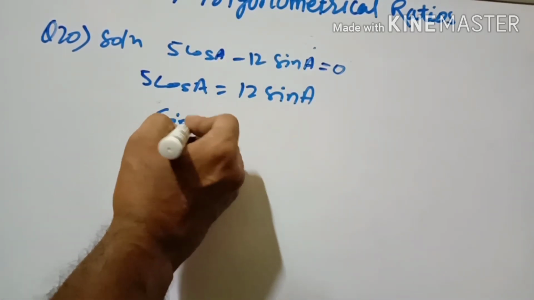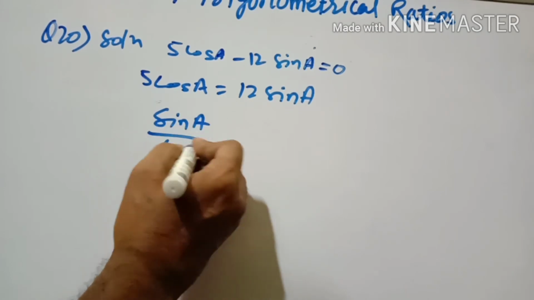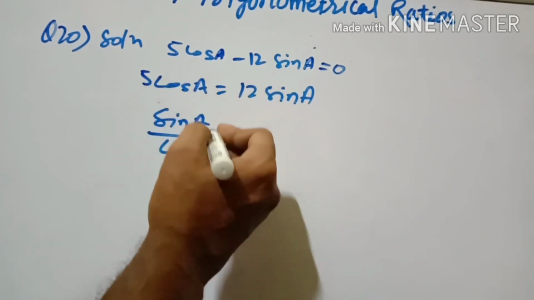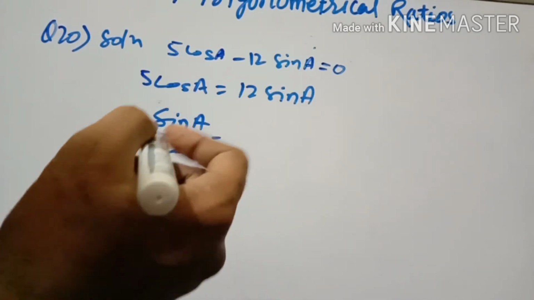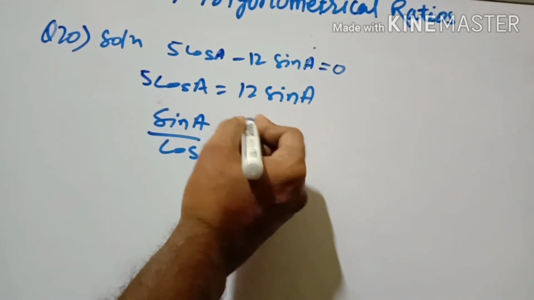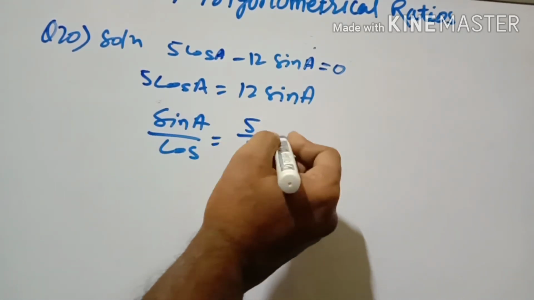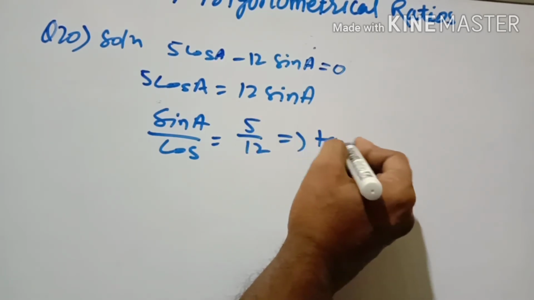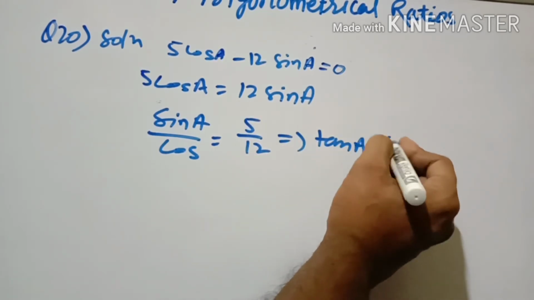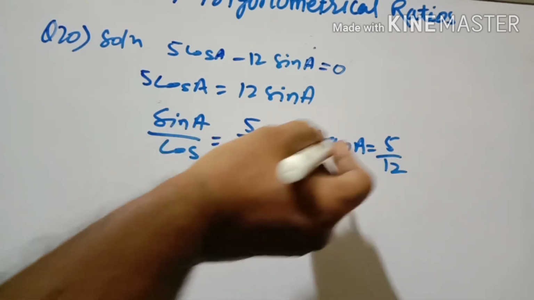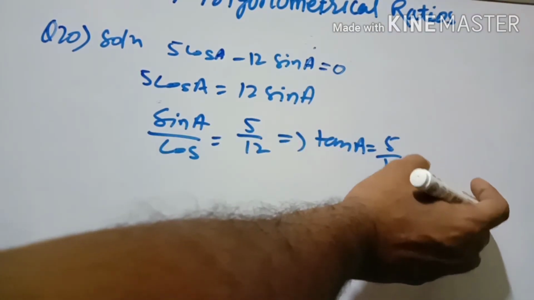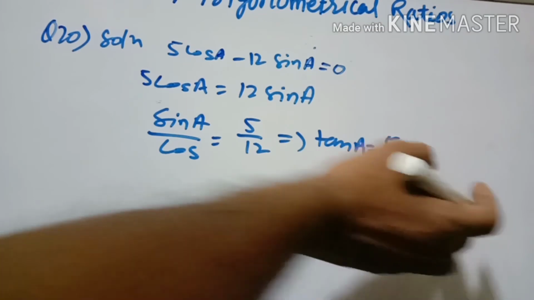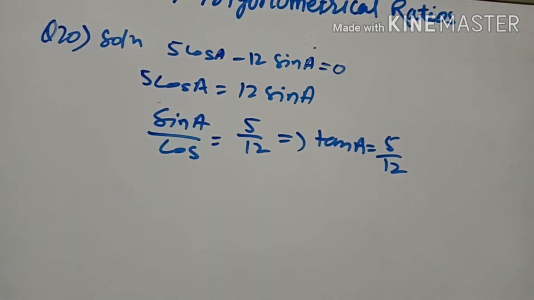So sin A by cos A, I can write 5 by 12. This implies that sin by cos, as we know, is tan A, and this is 5 by 12. Now here P is given and this is your B.